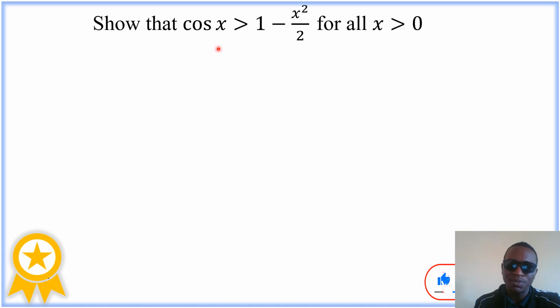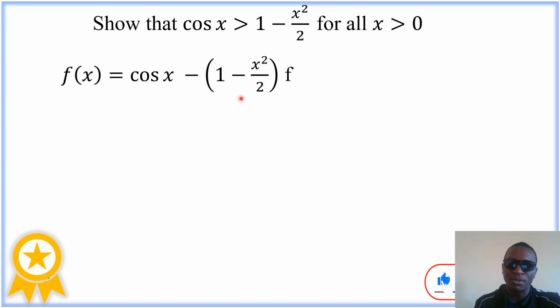So we'll call this part on the left hand side a function f of x defined by cos x minus (1 minus x squared divided by 2). Make sure you impose the brackets, the parentheses. If not, you might easily make a sign error here, where you just take a negative and attach it to the 1, which is not going to be correct.